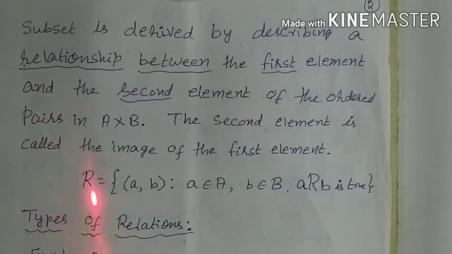In general, we define relation R = {(a, b) such that a belongs to A, b belongs to B, a related to b is true}.